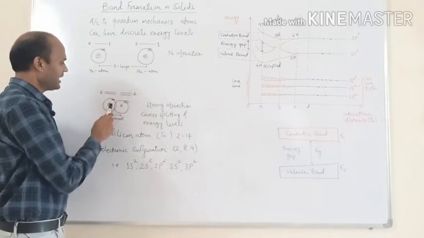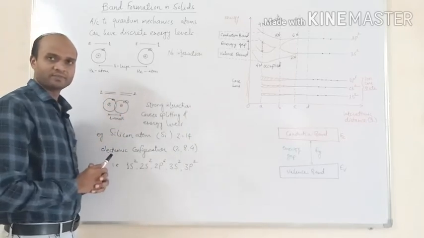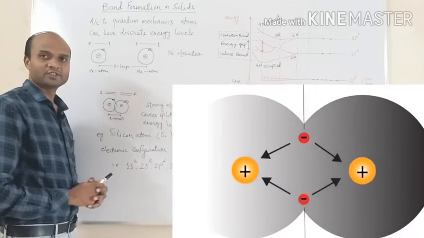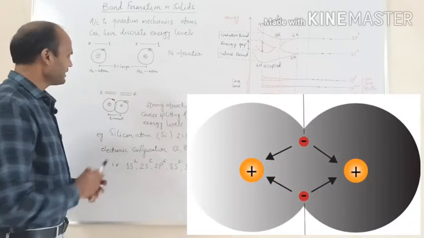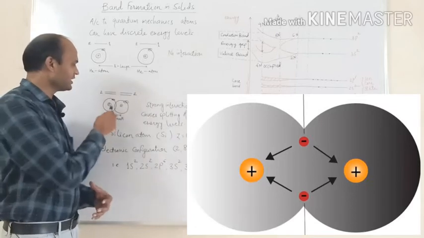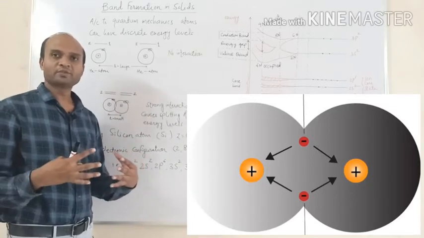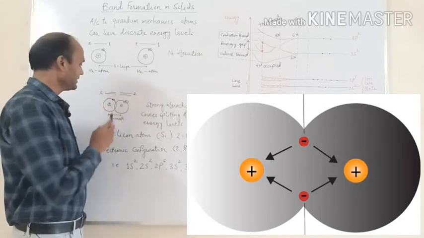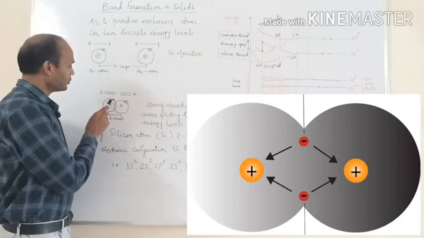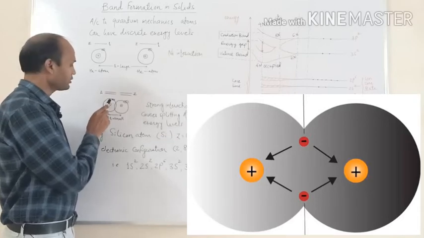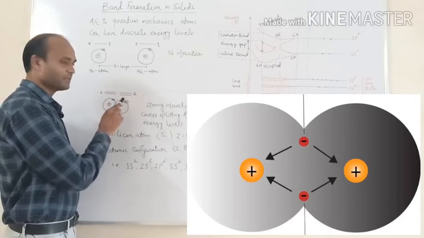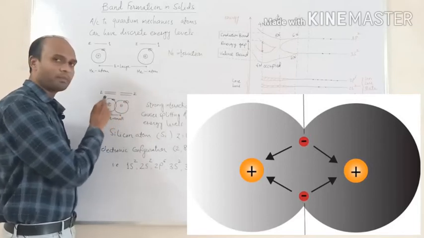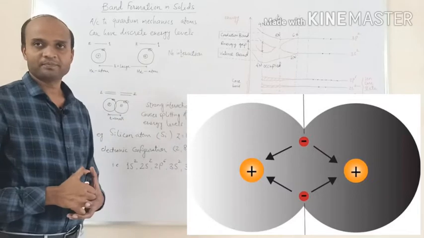And now, if this is the situation when the distance between two atoms is very, very small, here we have considered that the two orbits overlap with each other. If there is an overlapping of the orbits, then you can see one electron from the first hydrogen atom may become a part of the second, while an electron from the second atom may become a part of the first atom.